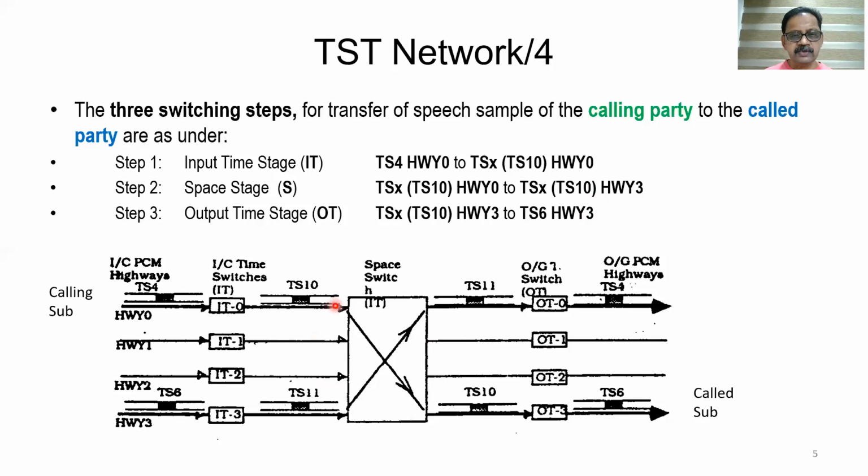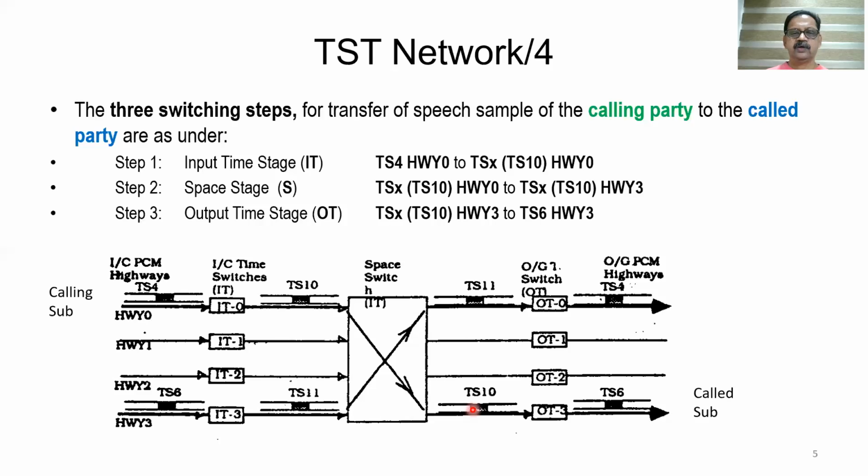It shifts to highway 3 on the same TS10, because the space switch does not affect the time slot interchange. Its business is only highway jumping. So from highway 0 the information is transferred to the same time slot on highway 3.